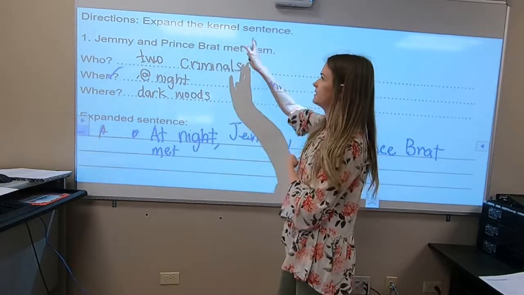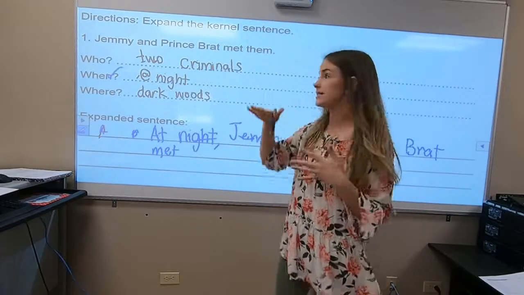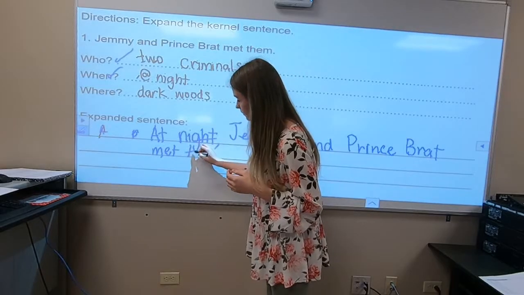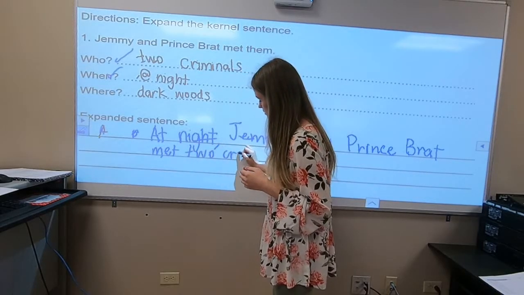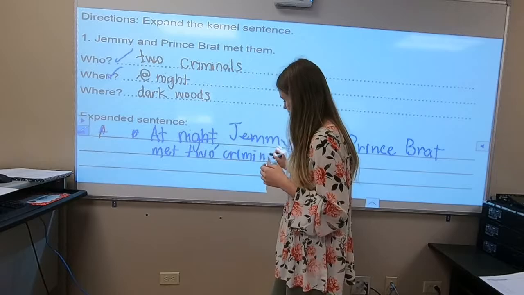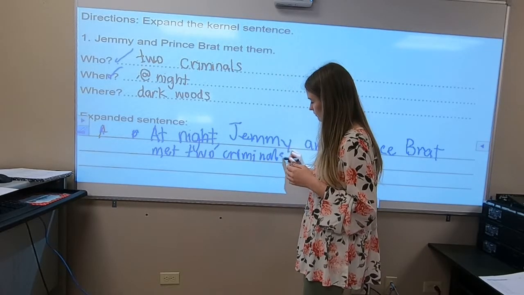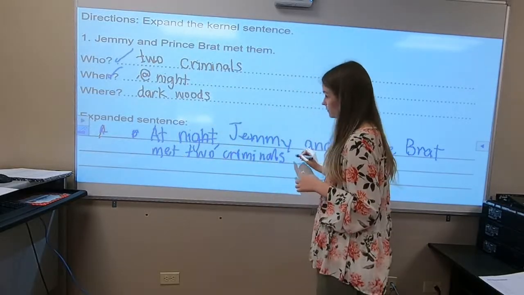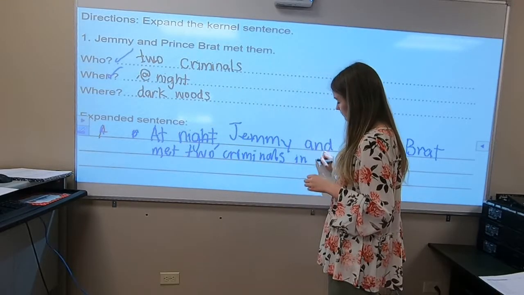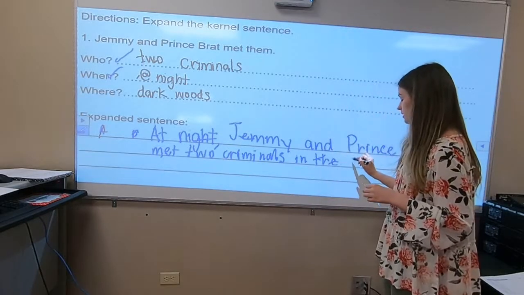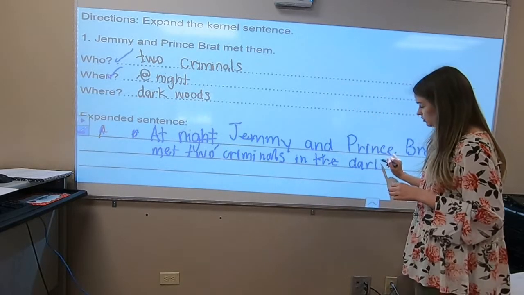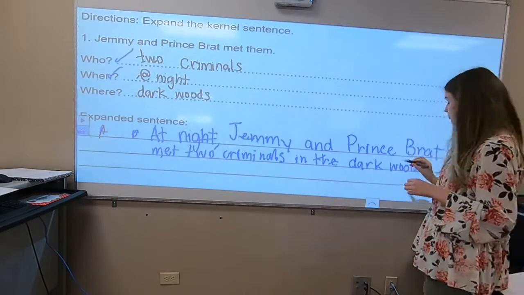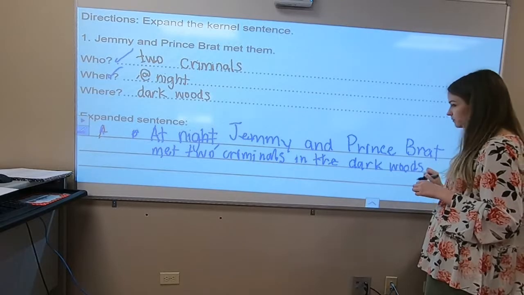In our current sentence, it says them, but I know we can replace them with the two criminals. So they met two criminals. Now we still have our where, so I'm going to add in the dark woods. And don't forget your period at the end of your sentence.